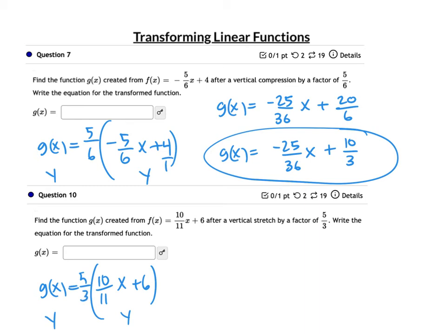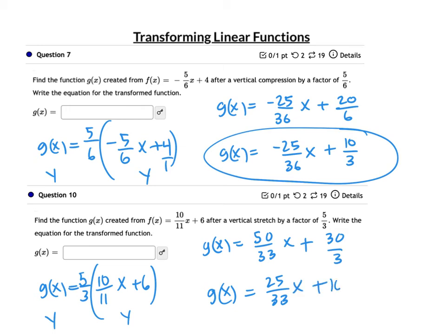So this is g of x equals, now that would be 50 over 33, which I don't think simplifies. And then 5 times 6 would be 30 over 3. That does simplify. So g of x equals 50 over 33x plus 10.